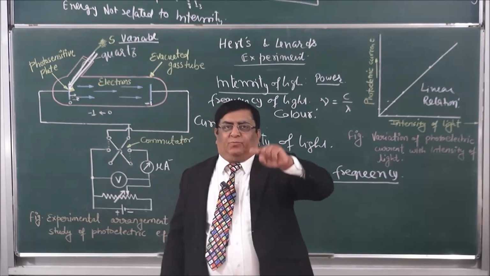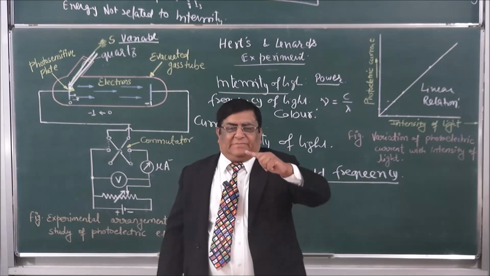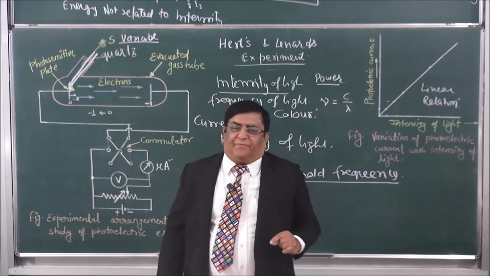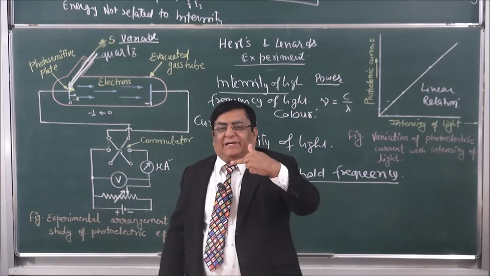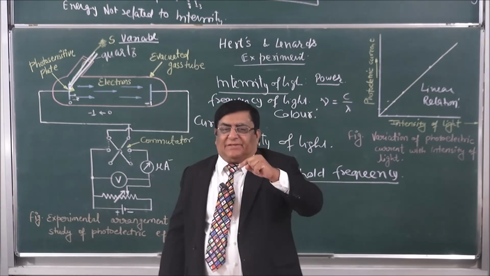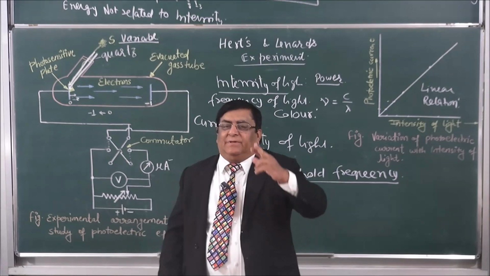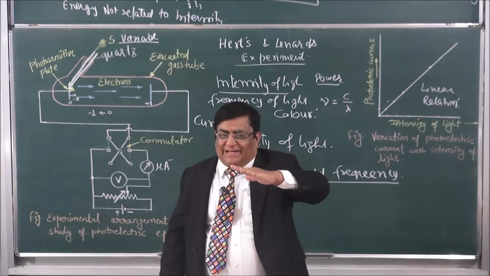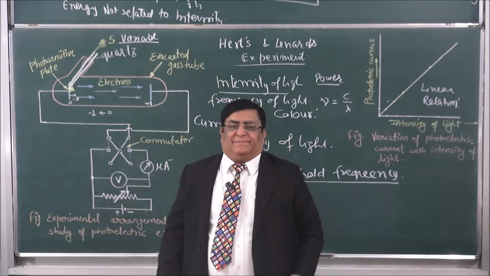I will start with, say, ultraviolet light. Ultraviolet light has a very high frequency, very high energy. Then we decrease the energy by decreasing the frequency, and we come to violet, indigo, blue, green, less energy. What we find, the current has become less.